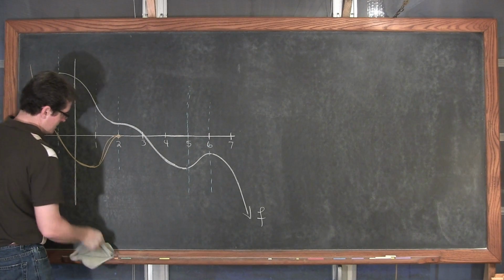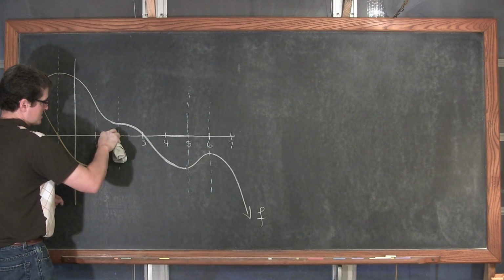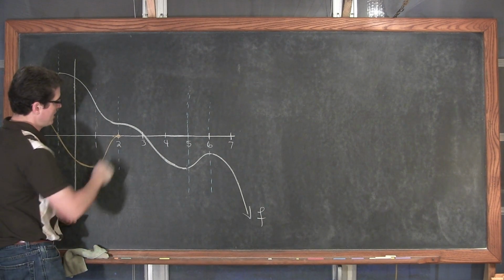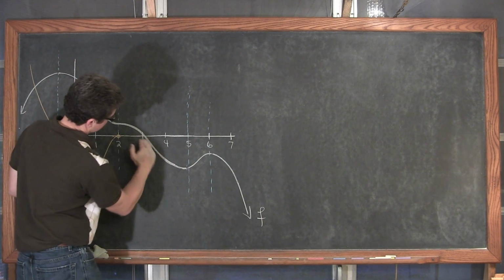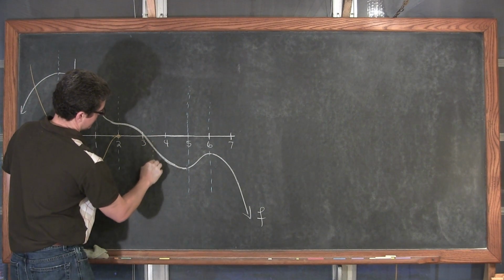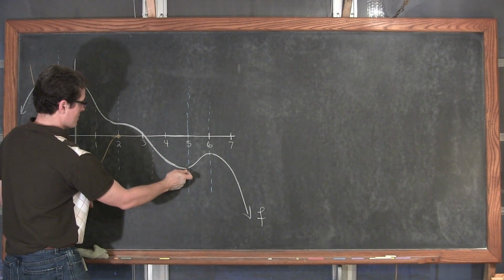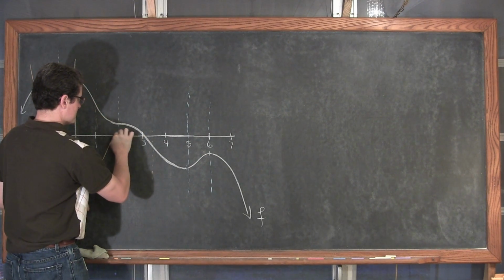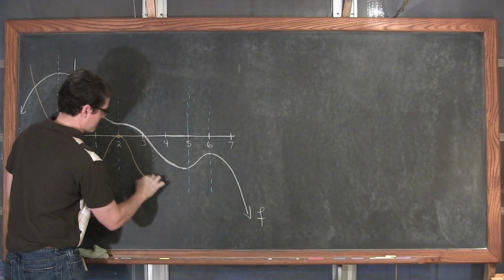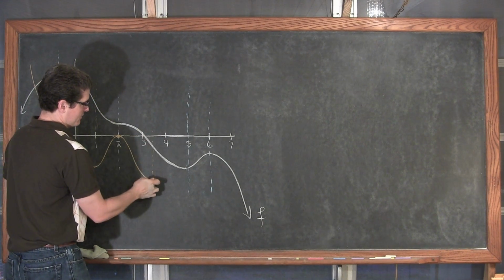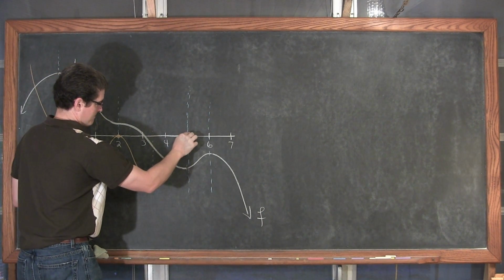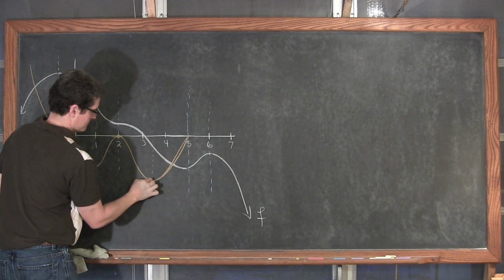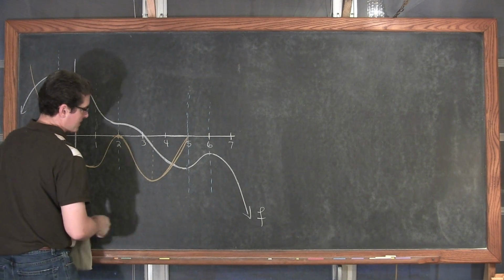And again, try and get that deepest part of the bend somewhere underneath where it looks like the original function has its most negative slope, and then it starts to fall off again, and it seems to have the most negative slope somewhere around in here, and then it reaches 0 again as it starts to rise. And so I'm going to go ahead and let my first derivative show its most negative slope value around that interval, and then start to approach 0 again. Maybe it looks something like that.